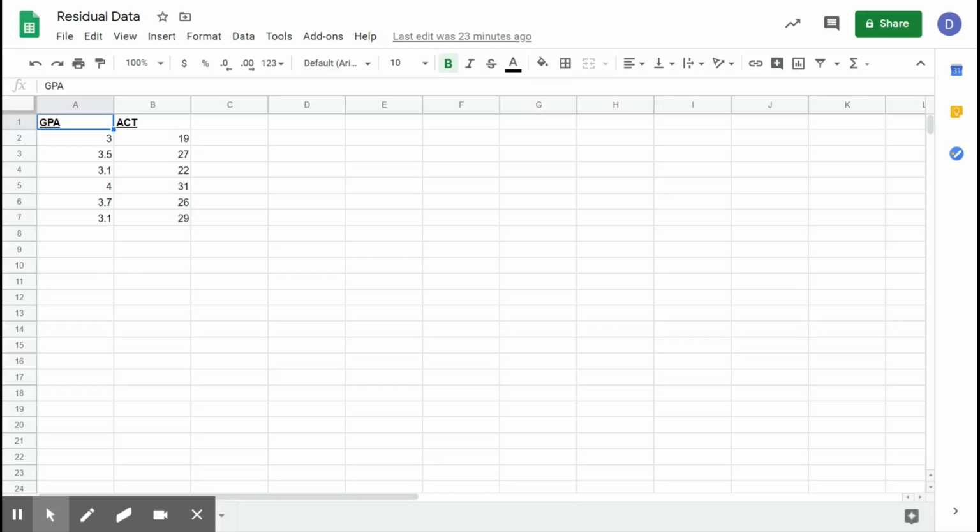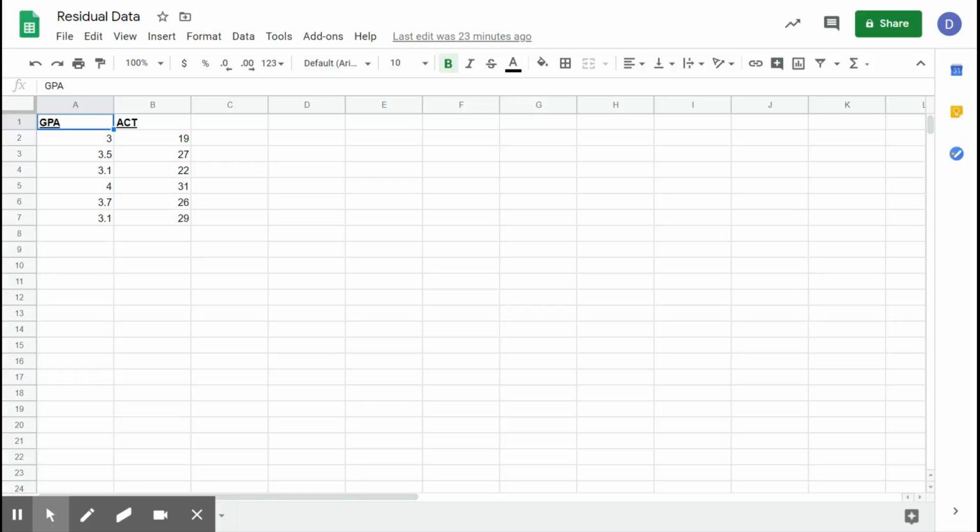scatter plot. And so what a residual is, is the difference between the actual value of y and the predicted value of y. All right.